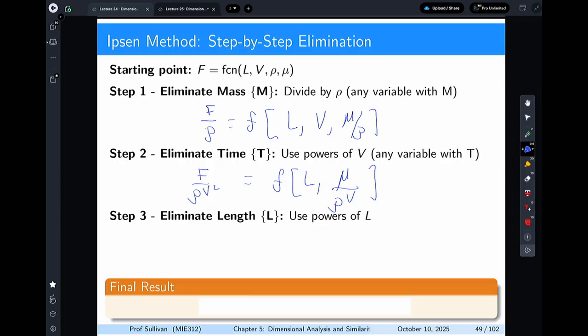The only term left is length, and I can do that by dividing out. Now I'll end up with an inverted Reynolds number. So I end up with force over rho v squared L squared equals a function of mu over rho v L.